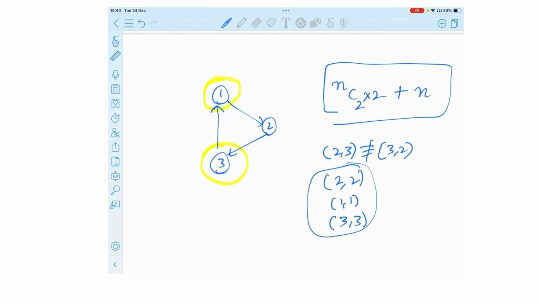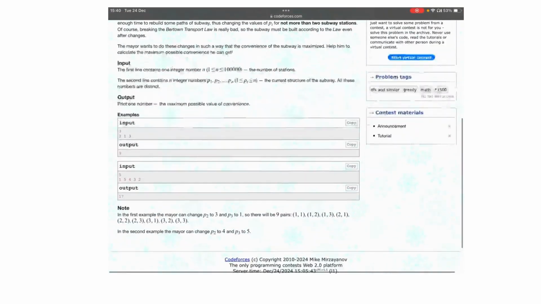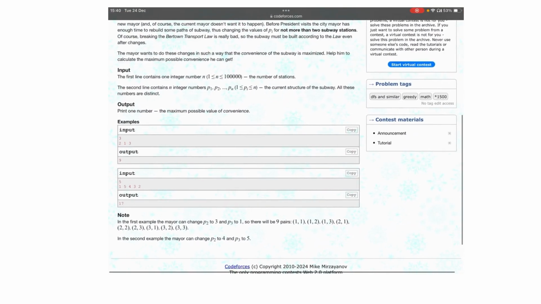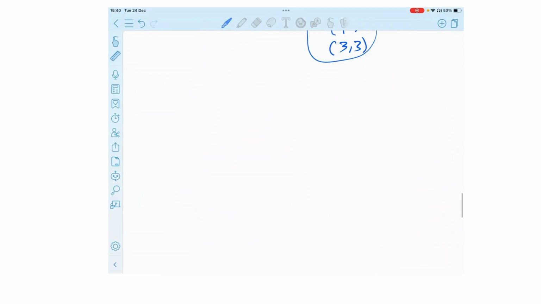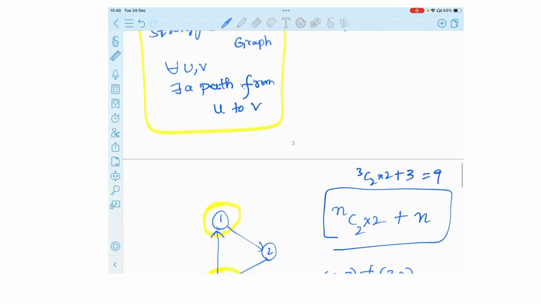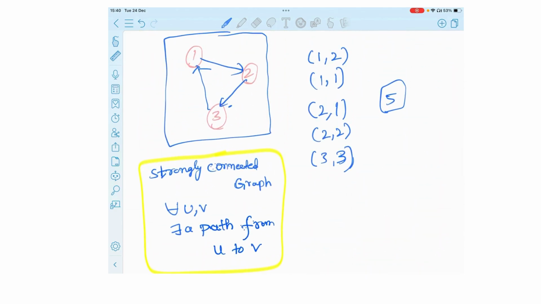So the number of ordered pairs here is 3 choose 2 into 2 plus 3, which is 9. So that's what is given in test case 2. So the answer will be 9. You can see that we have changed the links at only 2 stations, not more than that.